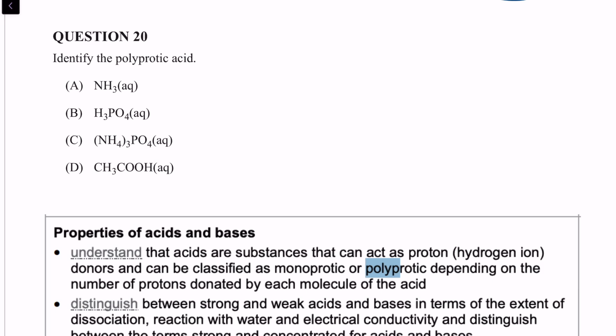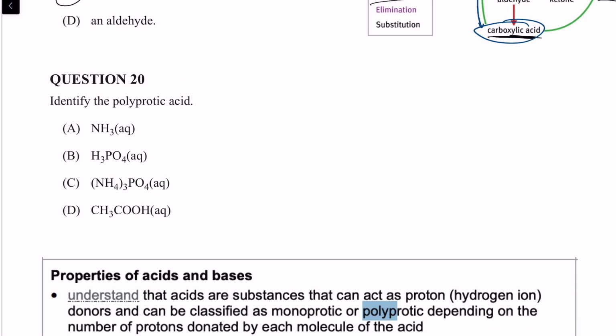Polyprotic acid means basically an acid that can donate 3 hydrogens, but they need to be attached to, obviously, a proper end of the molecule. So with acids, they need to have their hydrogens hanging off the end, sort of, if you like to think of it that way, so it can be easily donated.